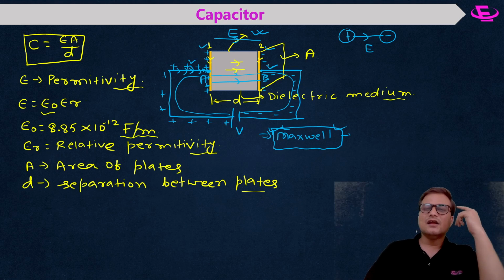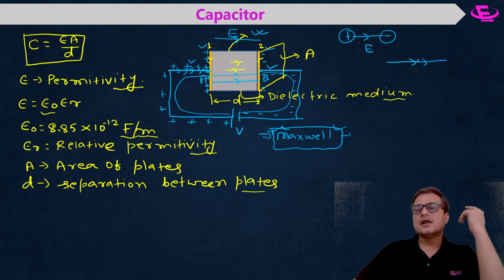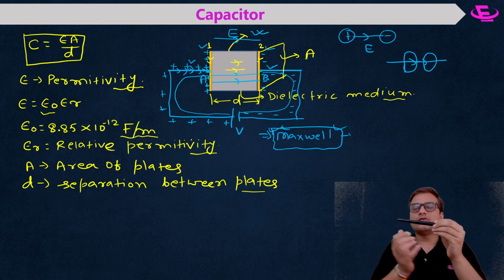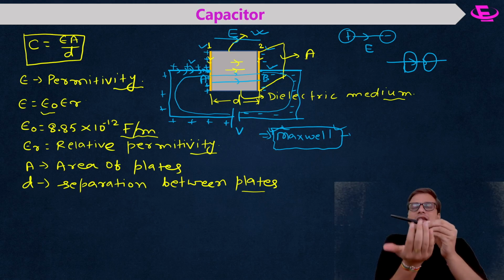So what he did, he thought that if there is current through any conductor, then there will be circulating magnetic field lines like this. Suppose this is the conductor, current is flowing from left to right, so your magnetic field lines will be circular like this.